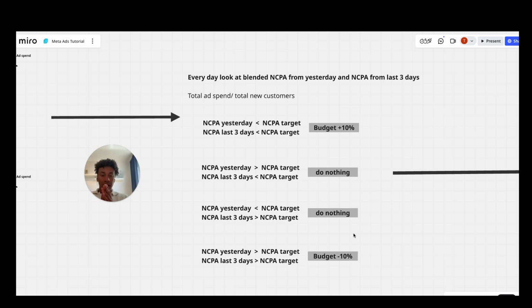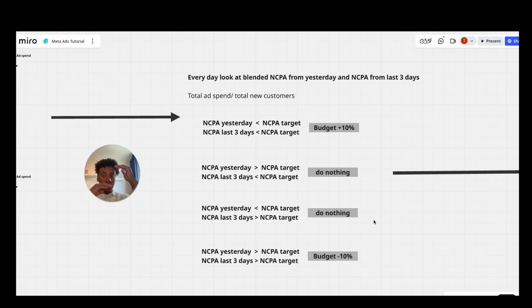Because in that way you have a fixed structure, and if you increase your budget 10% every single day for 10 days in a row, your budget will be much higher than it was before. It is really a compounding effect over time if your performance is good. If your performance is not good, it won't increase as fast, but you also don't want to increase because your performance is not great.